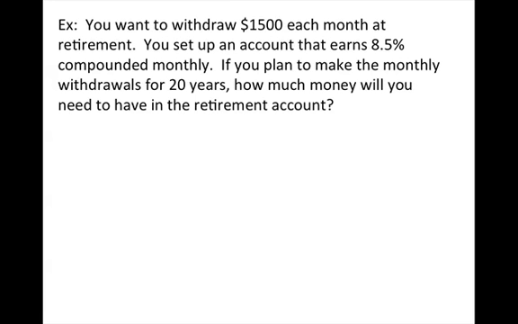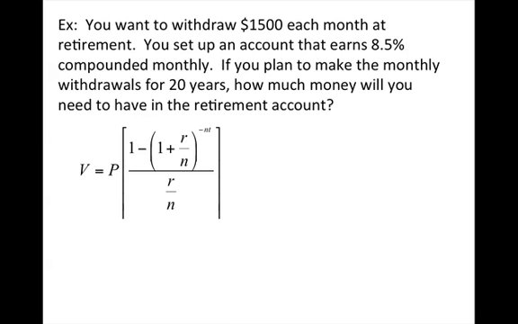It's not an account that I'm building. It's an account that I've got established right now that I'm going to start making withdrawals from. So this is my V equals P formula. V is the present value of the account, and that's what I'm looking for. P is the amount of the monthly withdrawals, and that's $1,500.